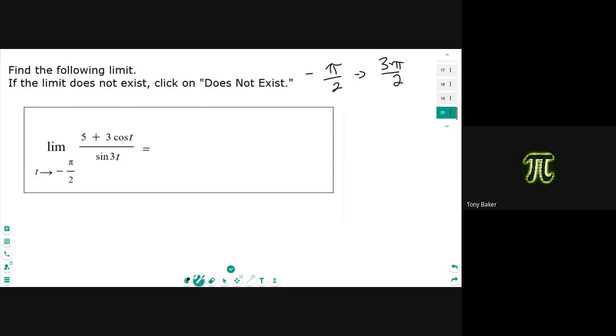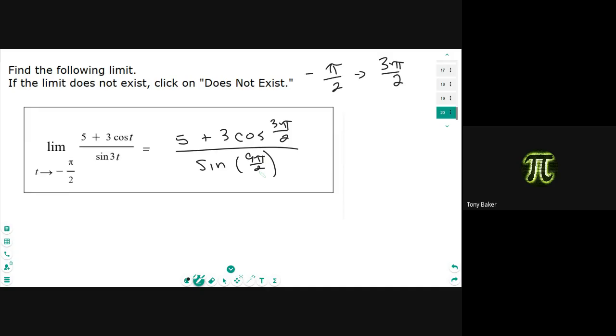All right, so plug it in. The nice thing about the halves is they're on the ends, so they're pretty easy to work with. So I have 5 plus 3 cosine of, I'm going to use it as 3 pi over 2 because it's easier to work with, and then sine of 9 pi over 2.